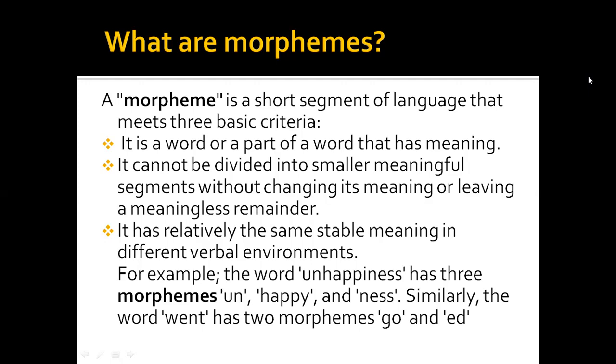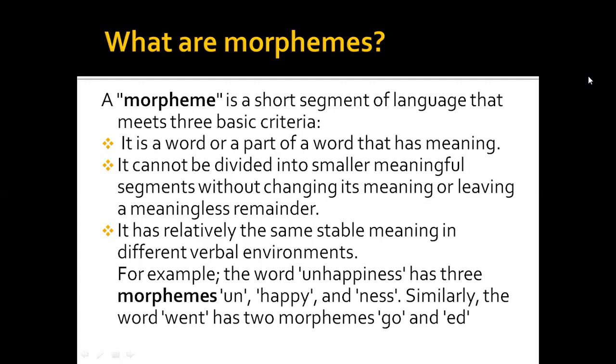It is a word or part of a word that has meaning. Next, it cannot be divided into smaller meaningful segments without changing its meaning or leaving a meaningless remainder. And next, it has relatively the same stable meaning in different verbal environments. This means a morpheme is the smallest segment of a sentence.